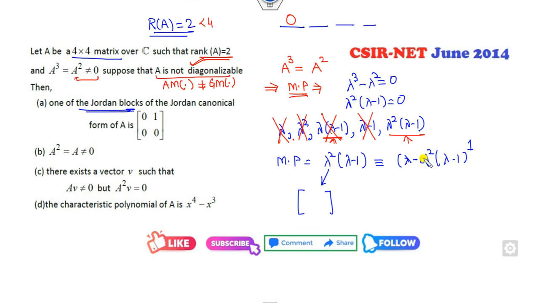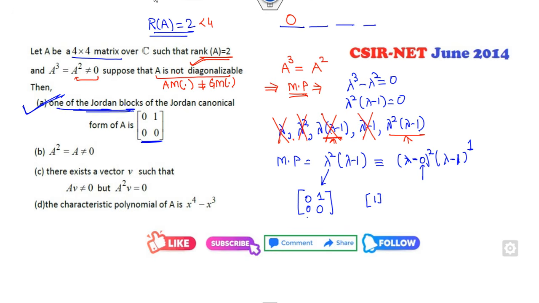So that means there is at least one block of order 2 corresponding to the eigenvalue 0, and there exists at least one block corresponding to the eigenvalue 1 of order 1. So you can see one of the Jordan blocks is this. Yes, it's a correct statement.